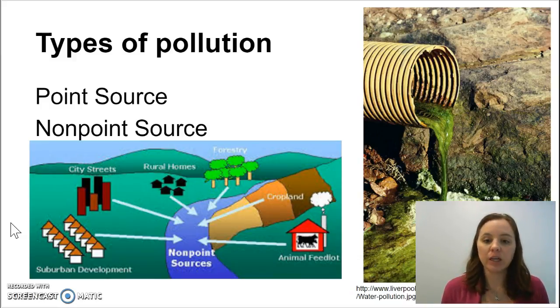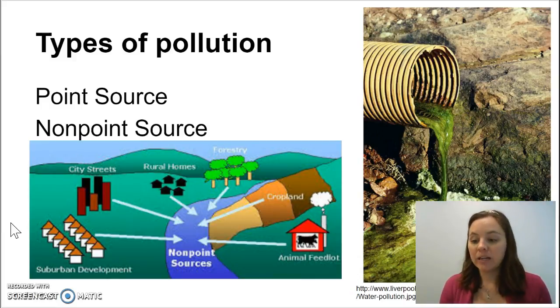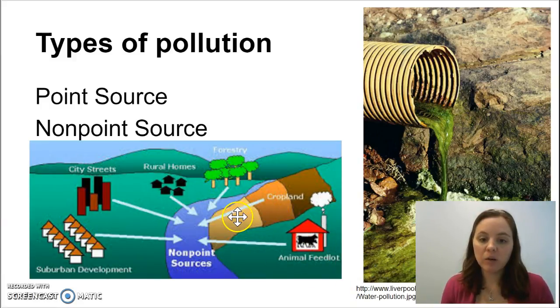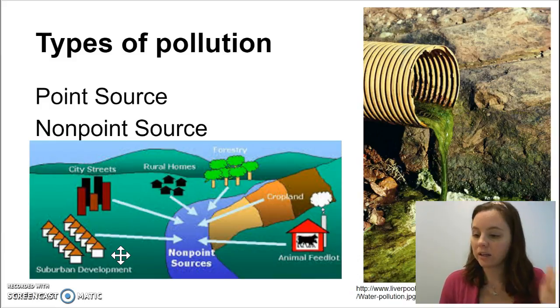These are things like mine drainage, agricultural runoff from animal feedlots and croplands, stuff that might wash off of the streets, like oil and trash, extra fertilizer that might wash off of lawns and homes, and extra sediment that might come from crops or construction sites, all that kind of stuff.